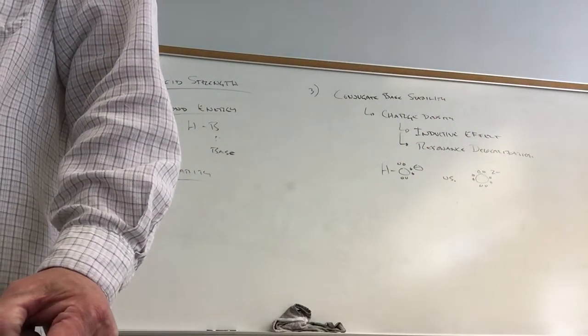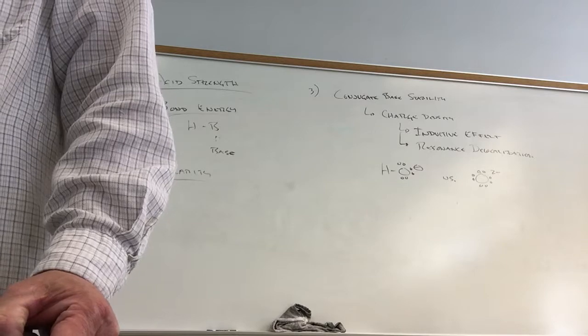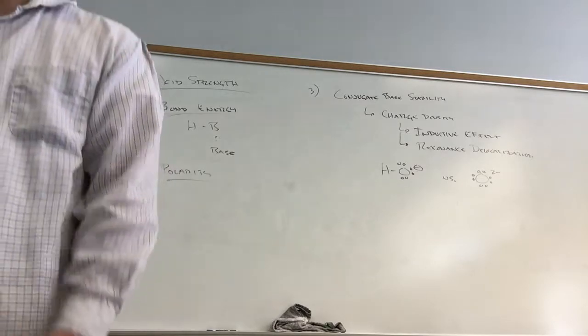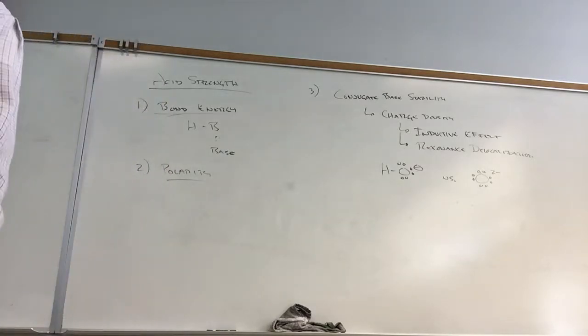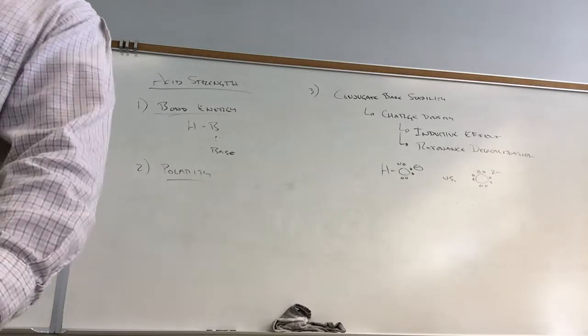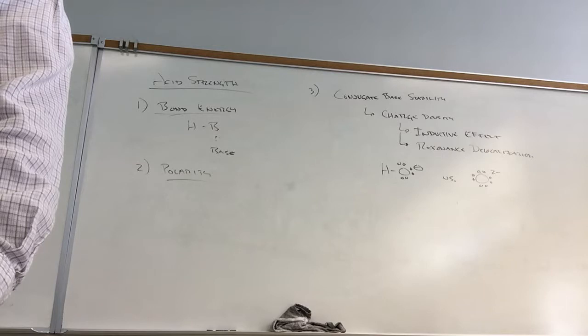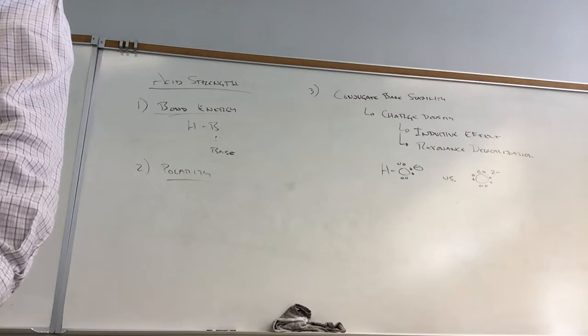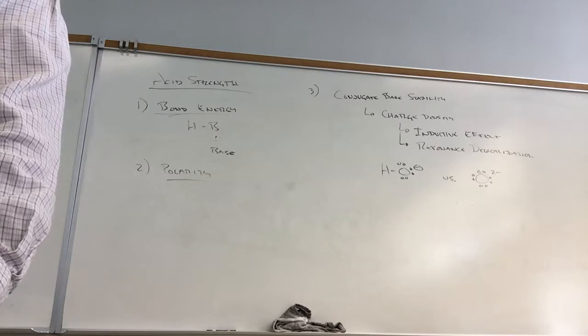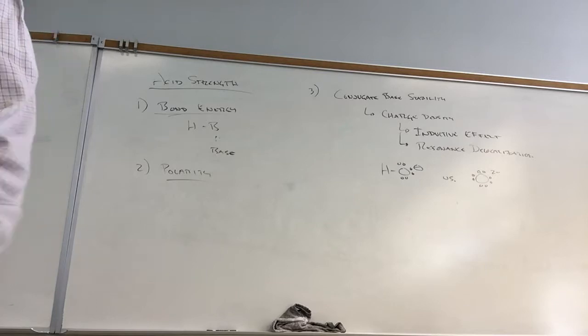And so oxide is expected to be a better, stronger base than hydroxide. In fact, that's what we see. You look at the base chart. You see hydroxide down there at the bottom right? What's stronger than hydroxide? Oxide. Oxide's stronger.